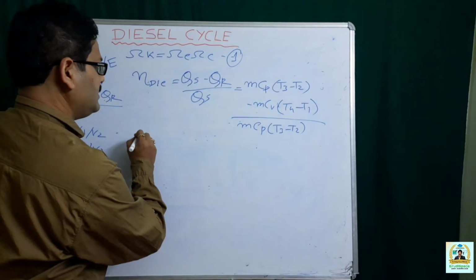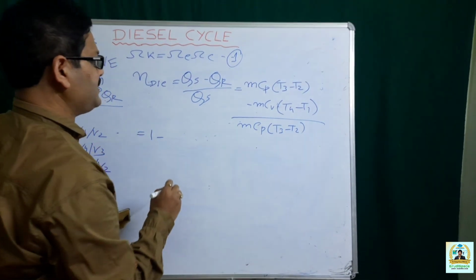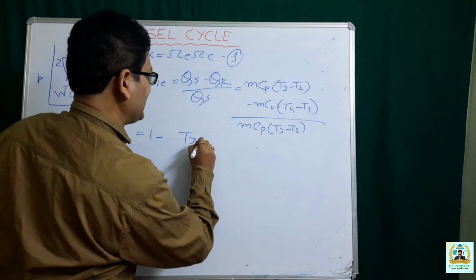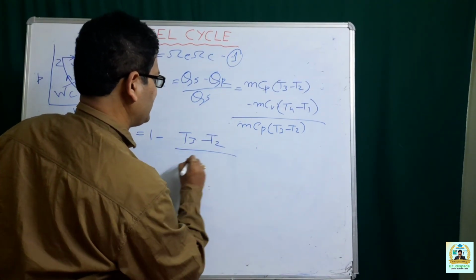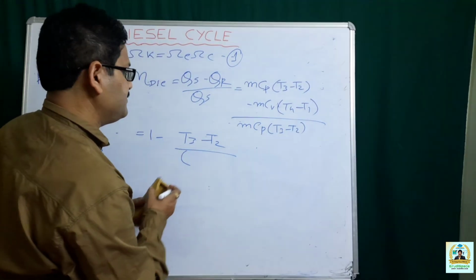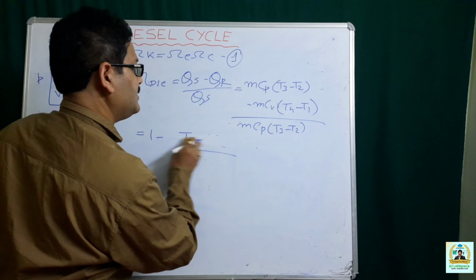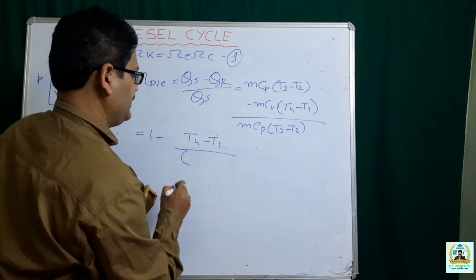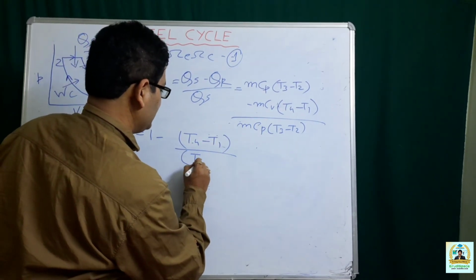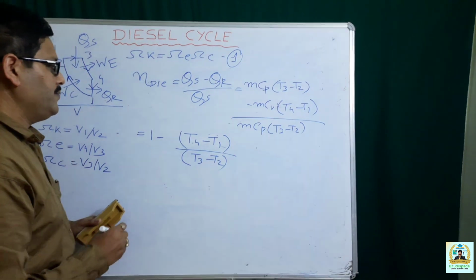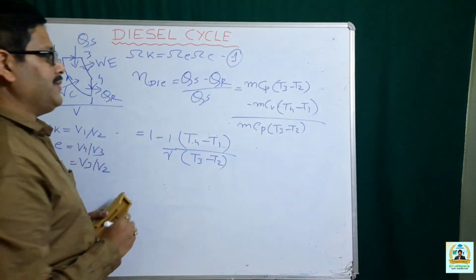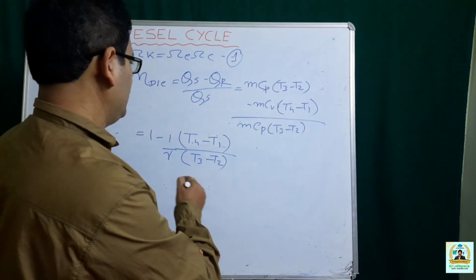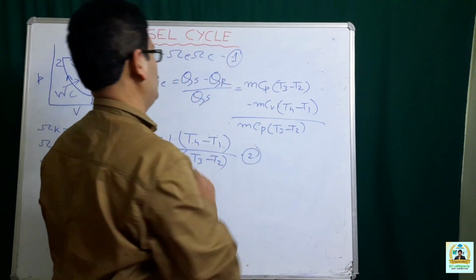Now, this is equal to 1 minus, sorry, this is not T3 minus T2, rather it is T4 minus T1 divided by T3 minus T2, multiplied by 1 by gamma, because Cp by Cv is gamma. So this is equation 2.